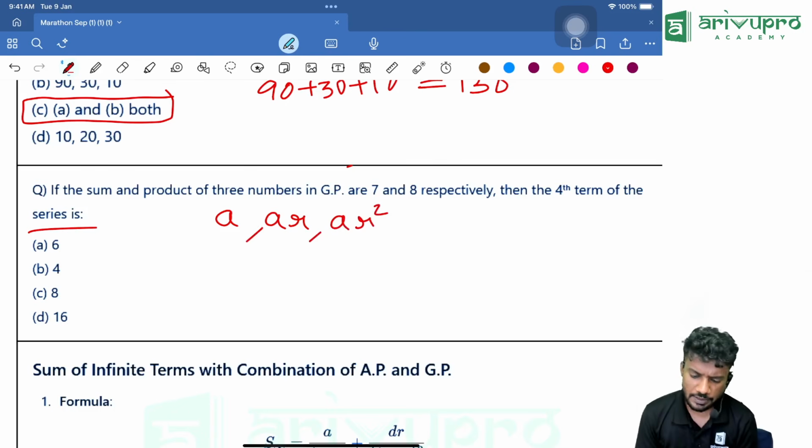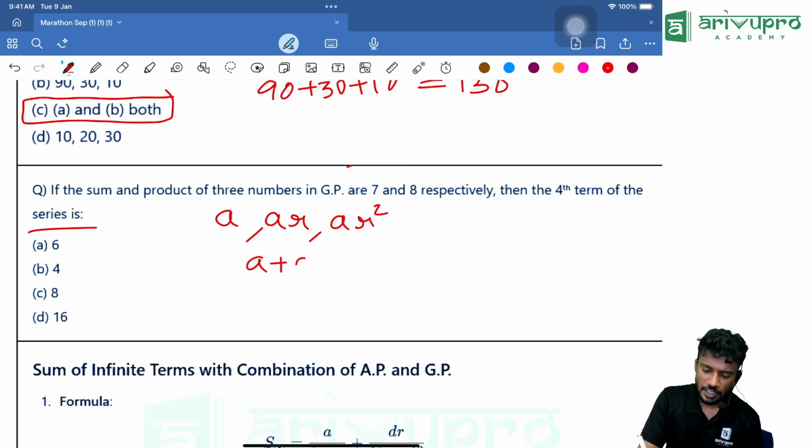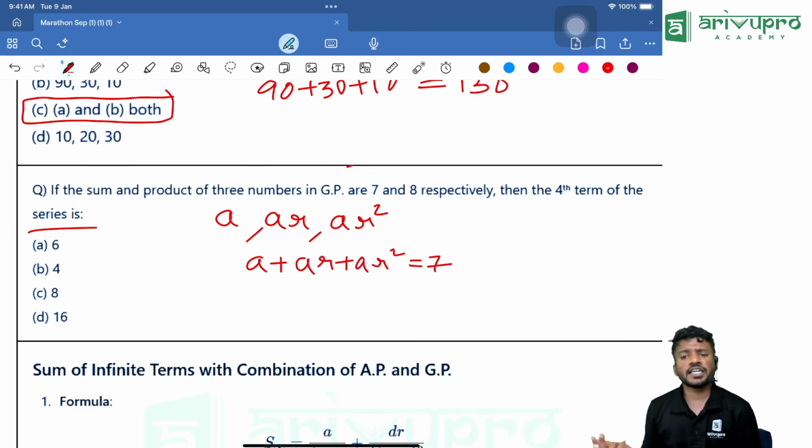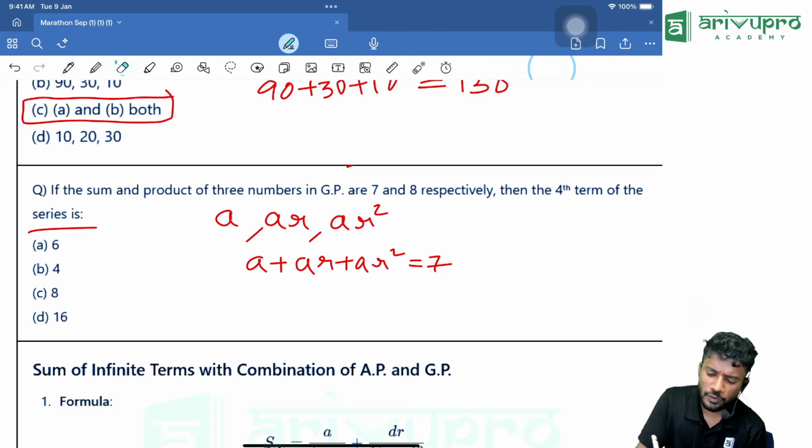Correct? Then sum is 7. That means A plus AR plus AR square is equal to 7. Will we get any proper answer if you do this way? No. So what will you assume?